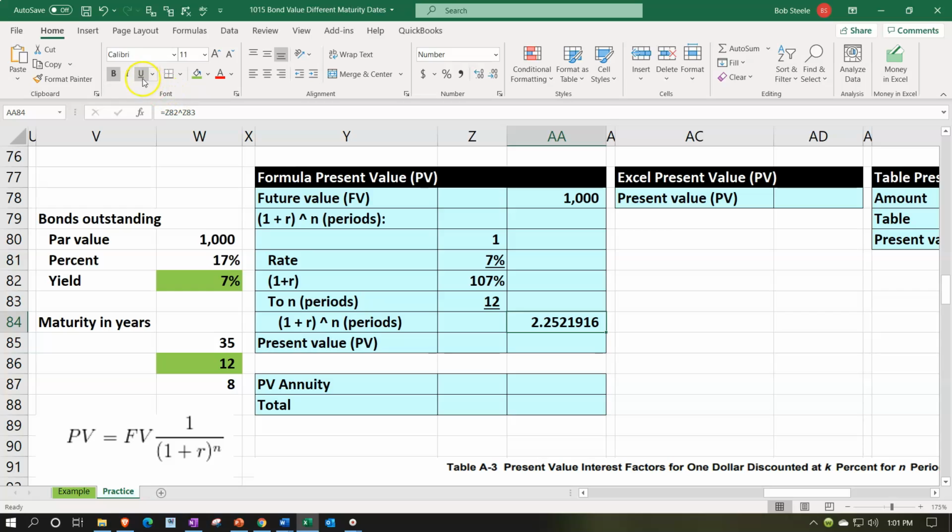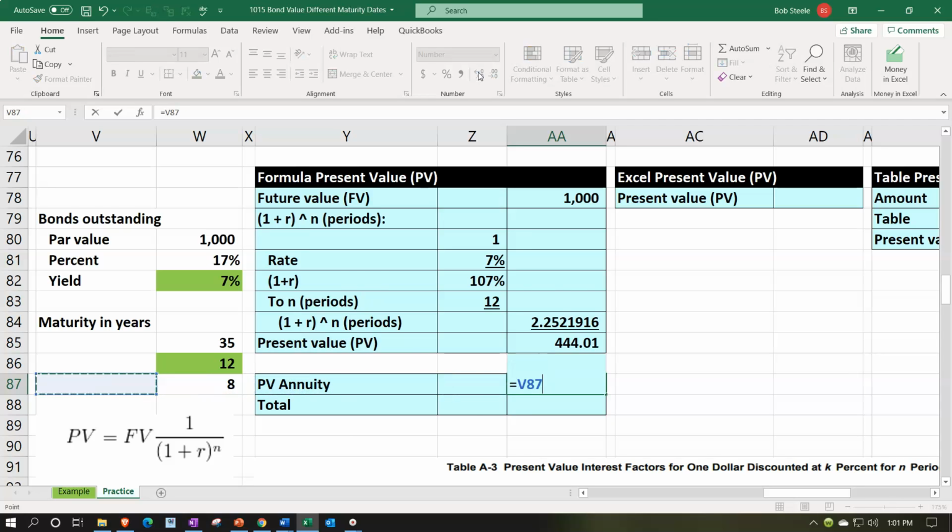And then home tab, font, and underline. And then we could take the numerator divided by the denominator, and then home tab numbers, add a couple decimals, and we get 1 penny. 1 penny has been added, which is important.